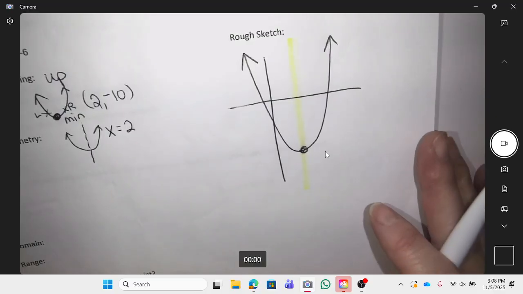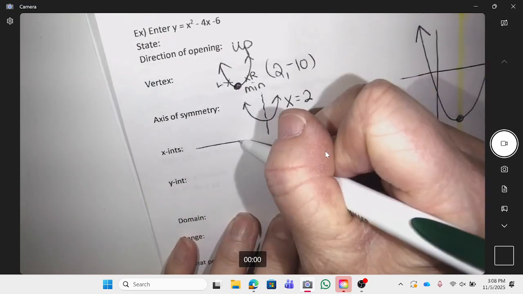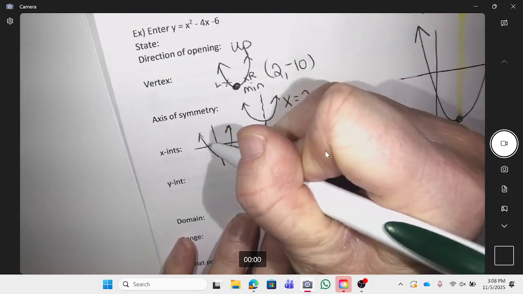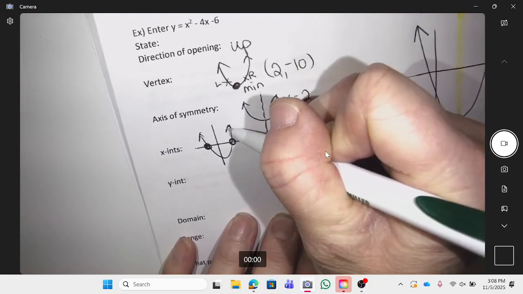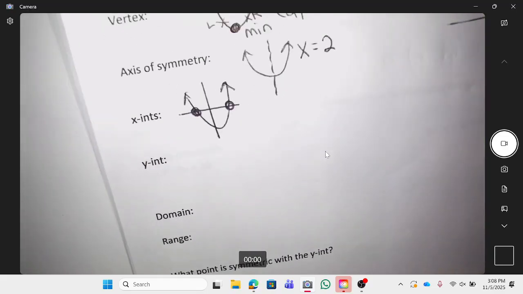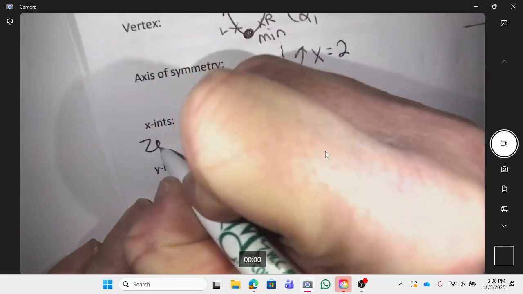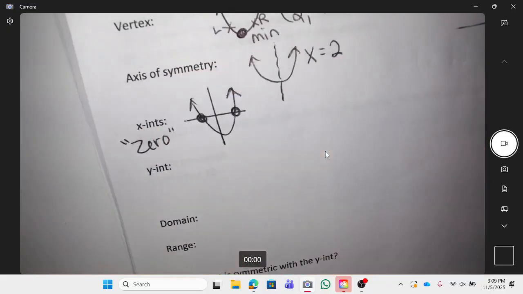All right. X-intercepts. This is next. Now we use the word 0. This is a 0.